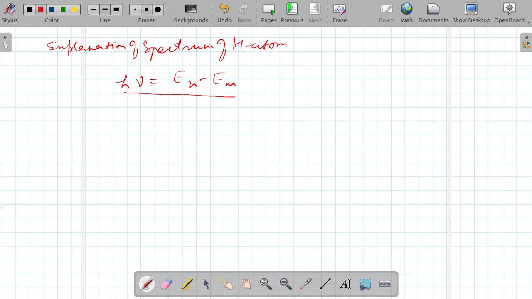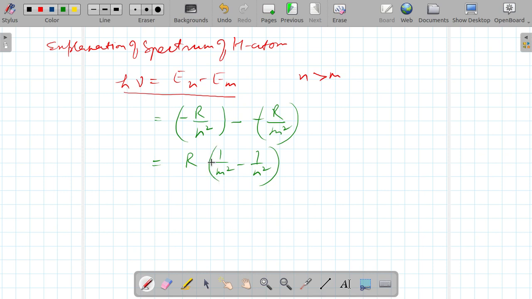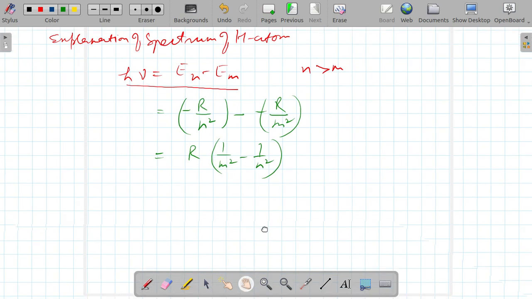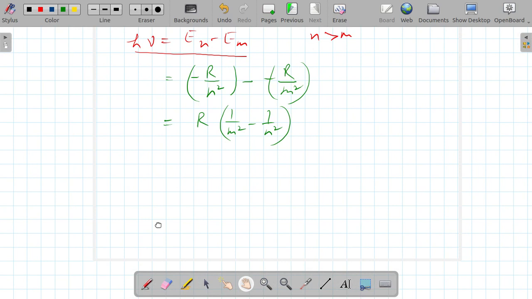So this is the energy of the emitted radiation if n is greater than m. So this is equal to R over m square minus R over n square, and this we write as R into 1 over m square minus 1 over n square. Now let us try to explain various lines which we are getting in the hydrogen atom spectrum.